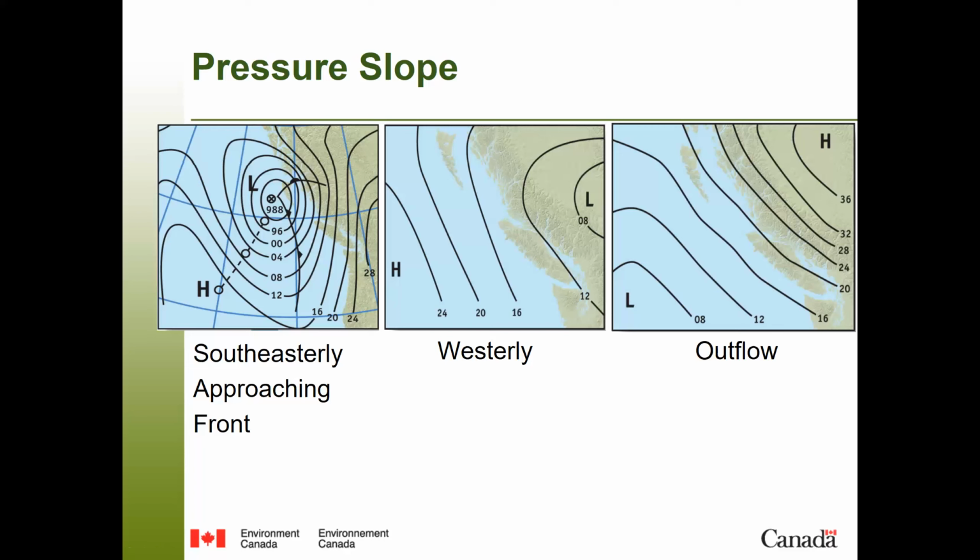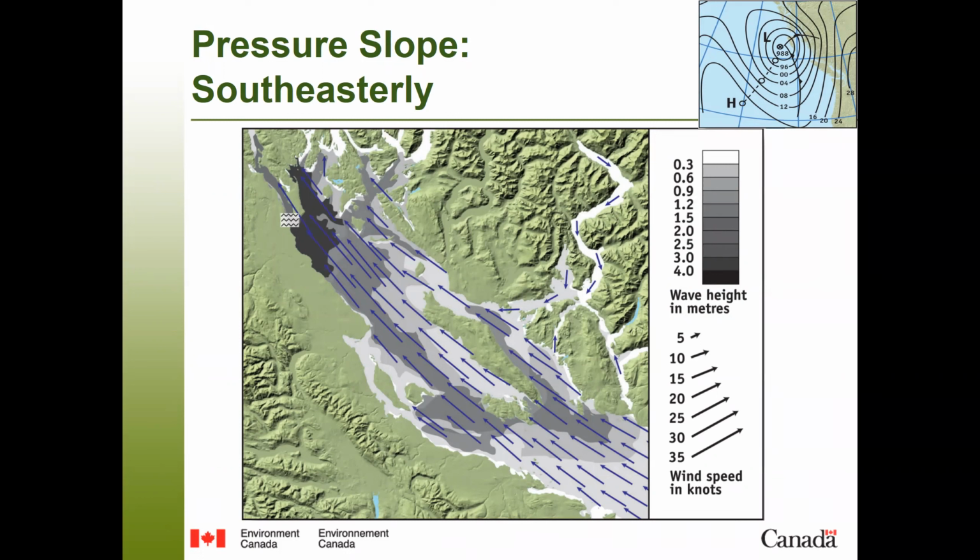So if we look at the pressure slope for a southeasterly for, say, Georgia Strait, again with an approaching front, typically we see the strongest winds in the northern part of the strait: Sentry Shoal, the northern half of Texada, as opposed to further south, closer to Nanaimo and Vancouver.